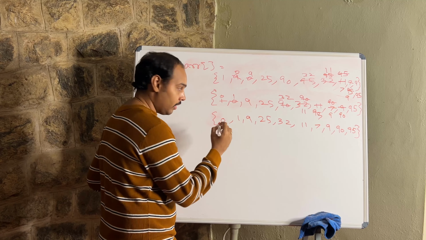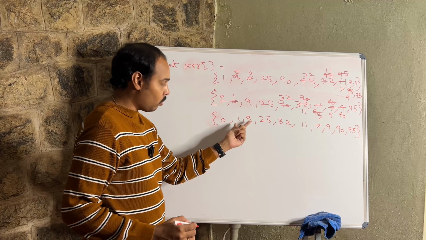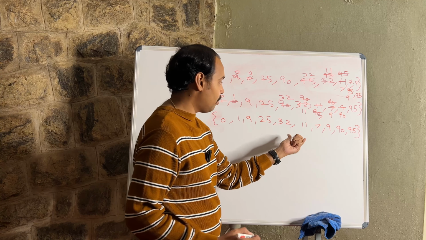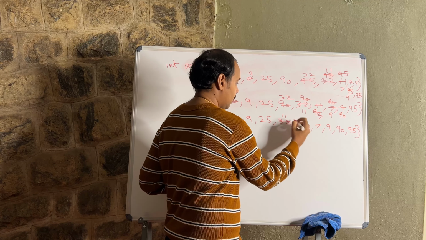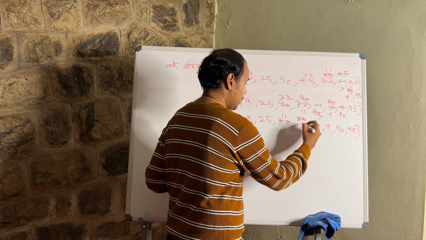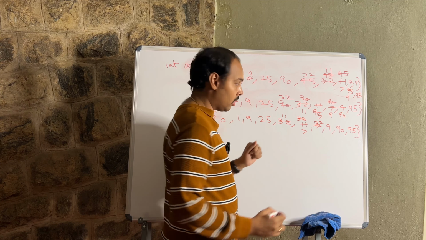It's the third iteration. 0 and 1. Yes, 0 is less than 1. 1 is less than 9. 9 is less than 25. 25 is less than 32. But 32 is not less than 11. So 11, 32. 32 is not less than 7. So 7, 32. 32 is not less than 9.